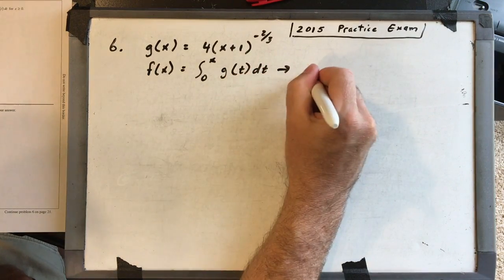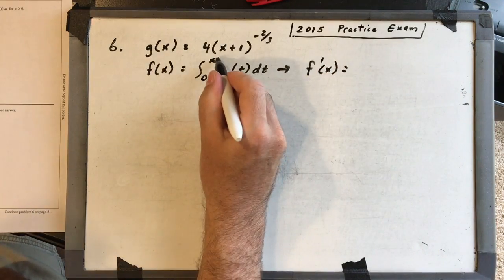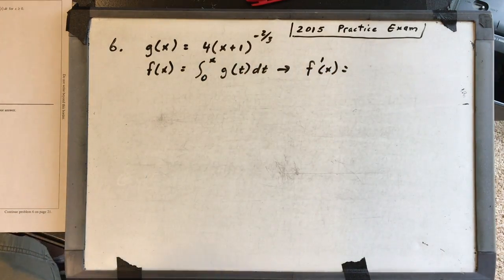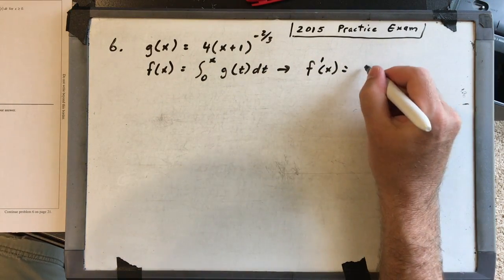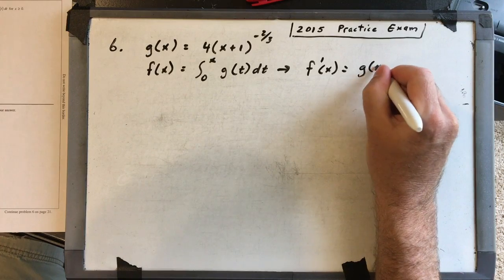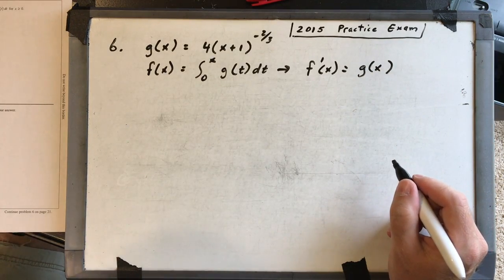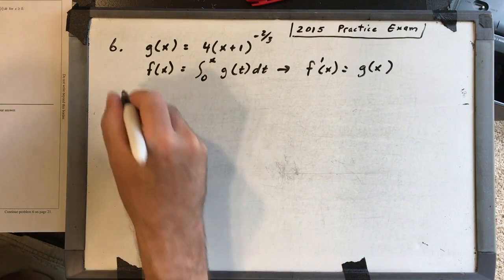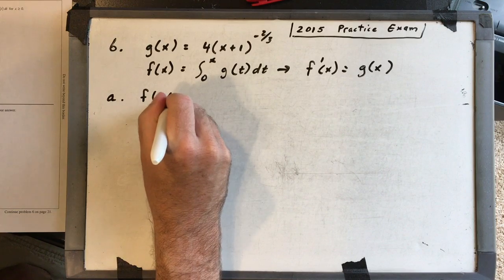So what that means is f prime of x is you just plug in the upper limit x into t there. So f prime of x is equal to g of x. Part A says find f of 26.